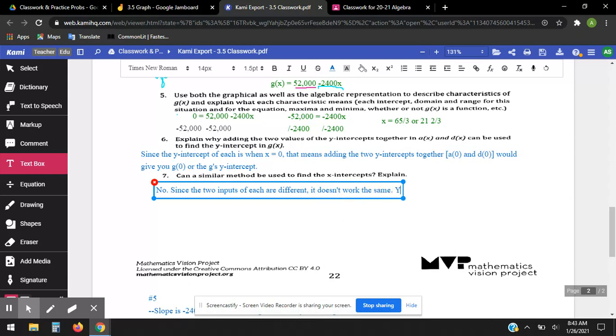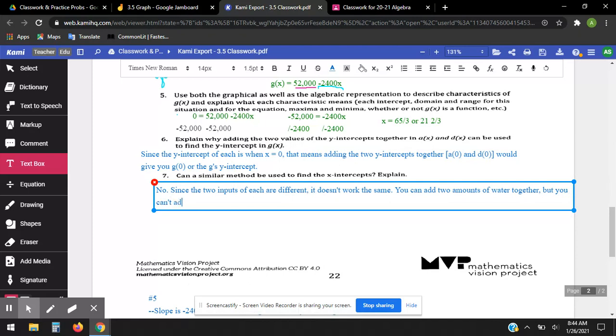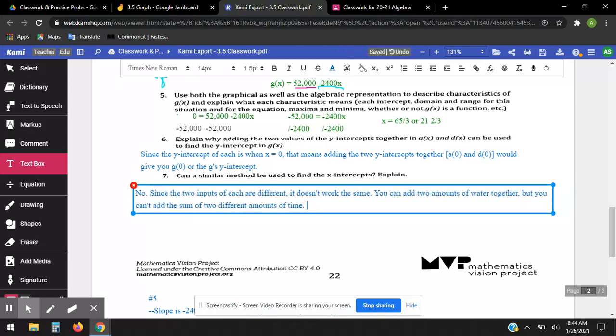Logically, if you think about it, you can add two amounts of water together, but you can't add two different amounts of time. The x values are time, so you can't add 24 minutes and 22 minutes and still get the same output. You can add 24 gallons of water and 8 gallons of water and still end up with more gallons of water, and that makes sense, but it doesn't work with this one.